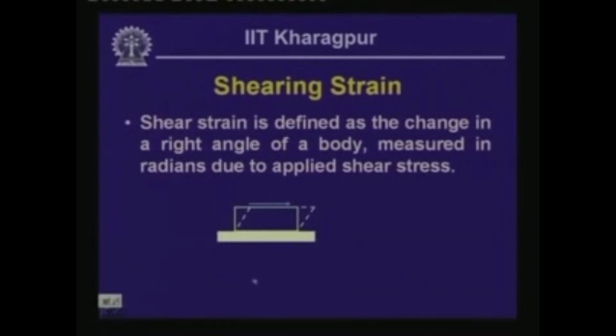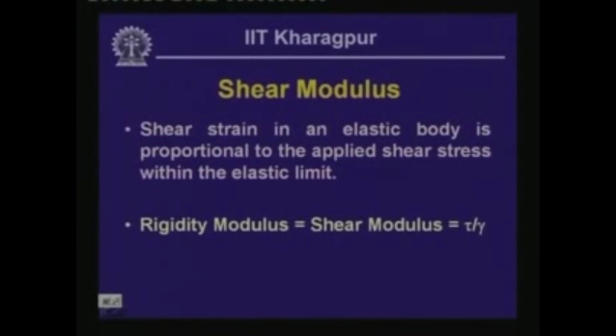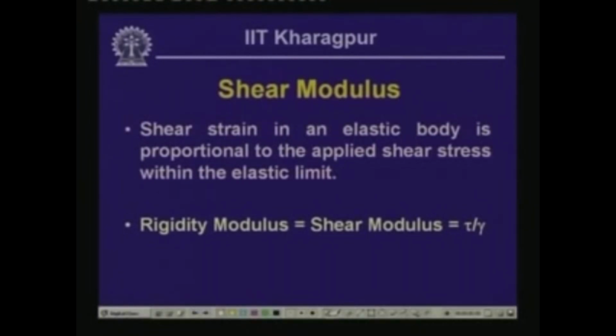Now, as we had observed in the case of stress and strain in an axial pull, up to the proportional limit or up to the elastic limit, the stress is proportional to the strain. Likewise, here the shear strain also is proportional to the applied shear stress.